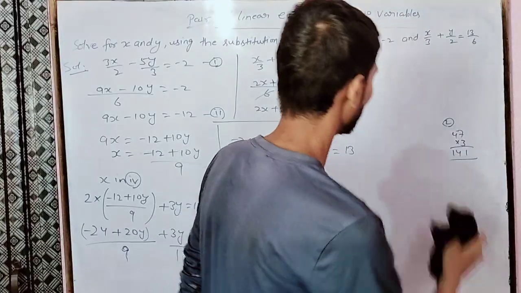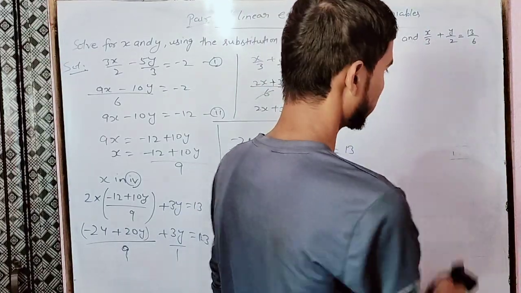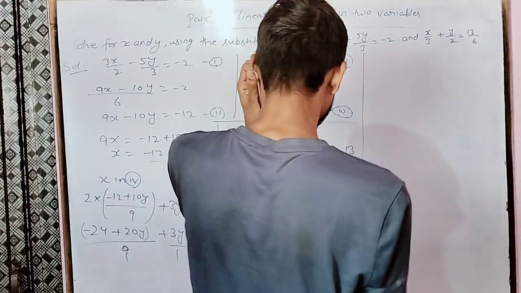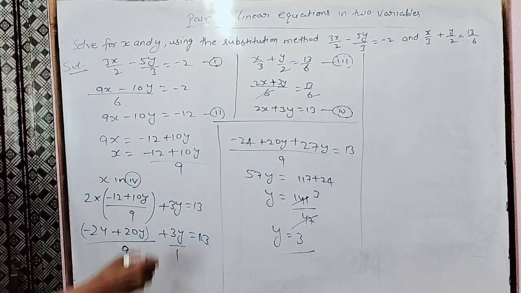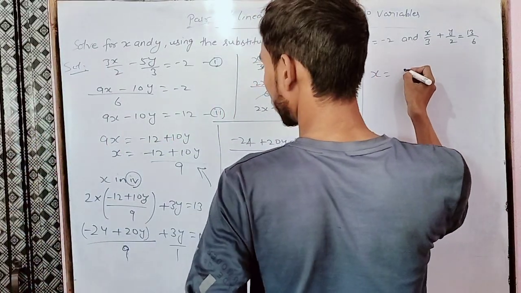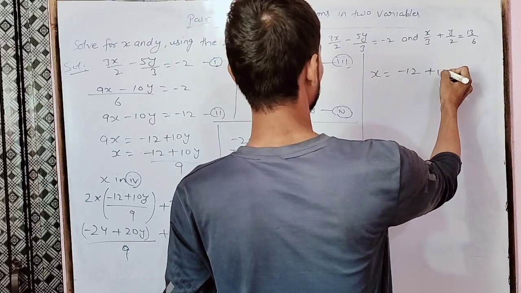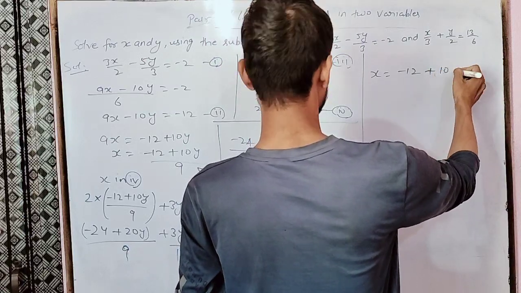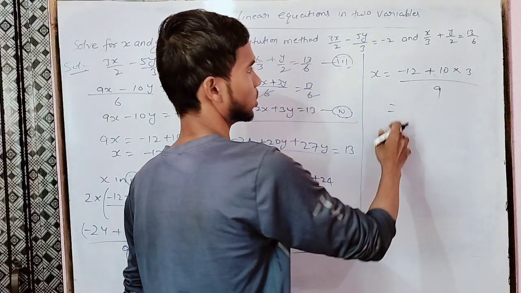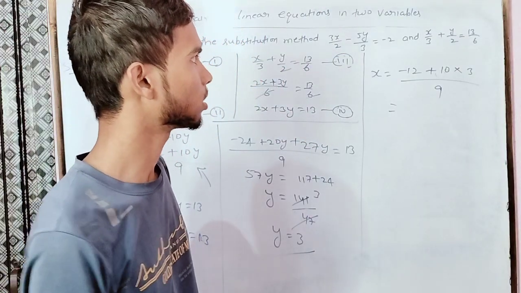We will do one thing more: just put the value of y in this equation. Okay. So here x is equal to minus 12 plus 10 multiplied by 3 upon 9. So from here we will get the value of x.